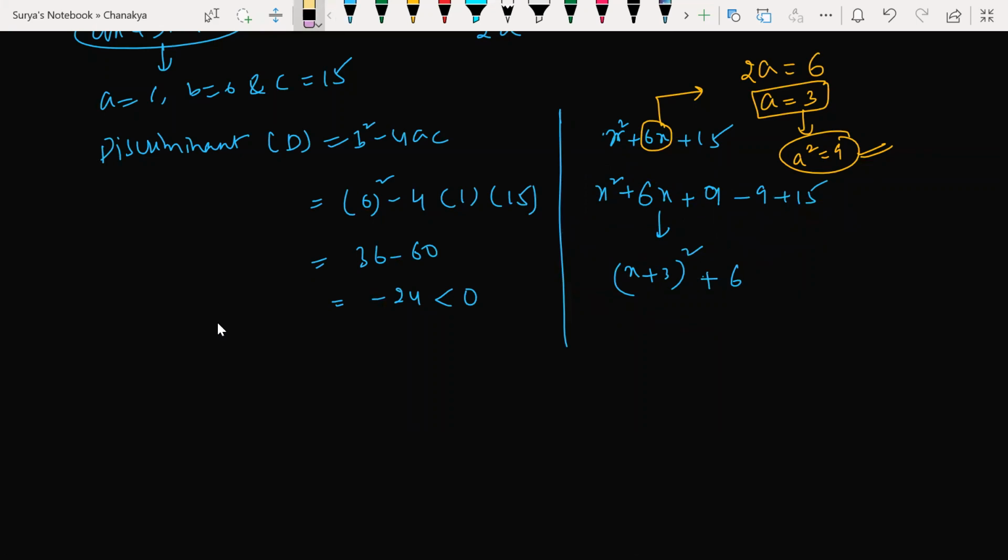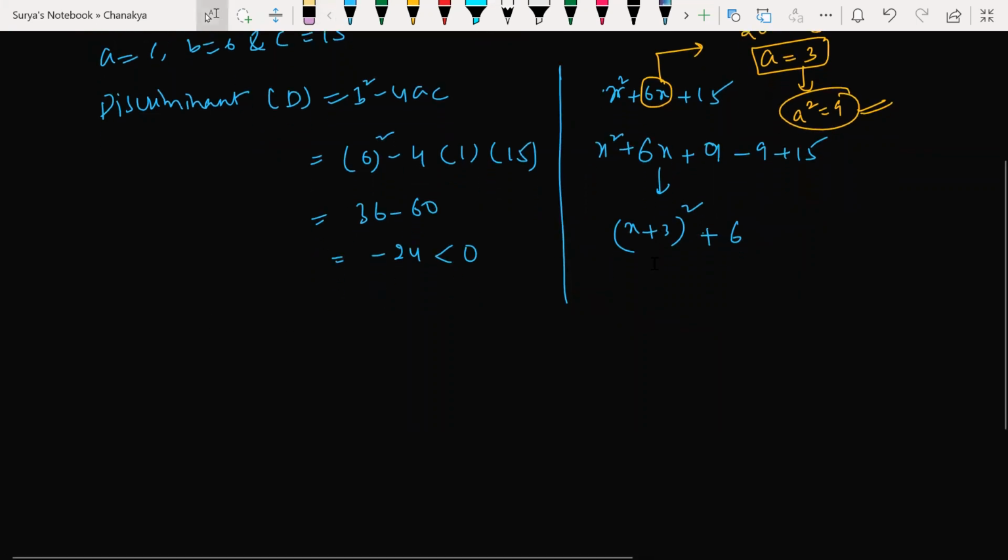So now, see, what are the roots here? Tell me. For every real number, what is the value of this expression? For every real number, the value of (x plus 3) whole square plus 6, what will happen?